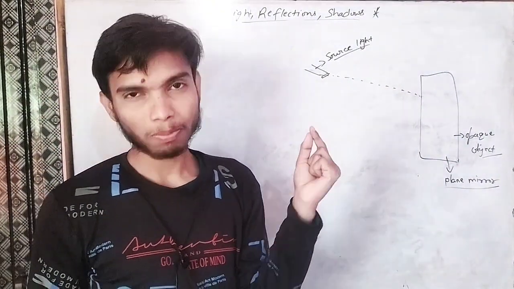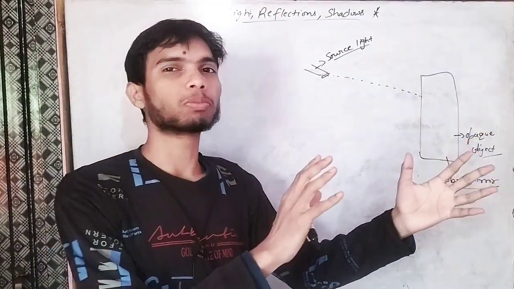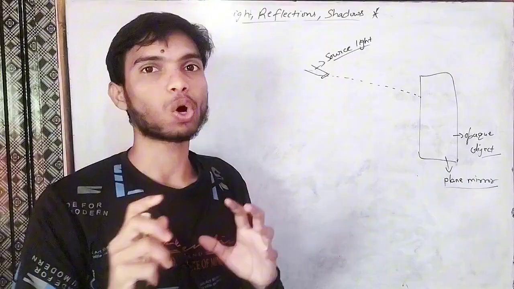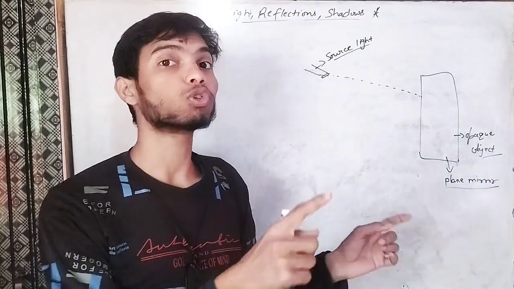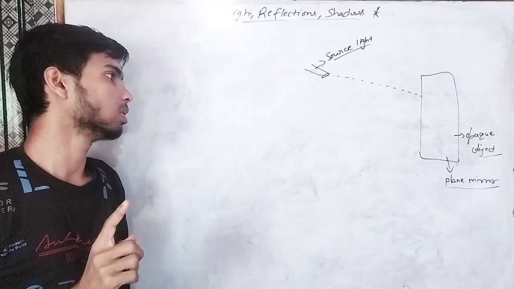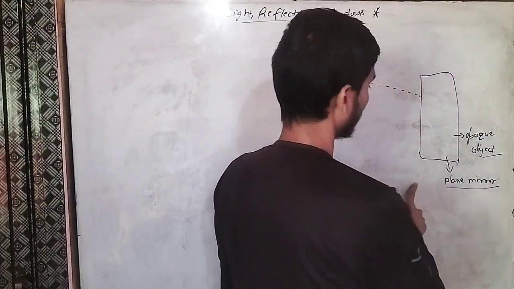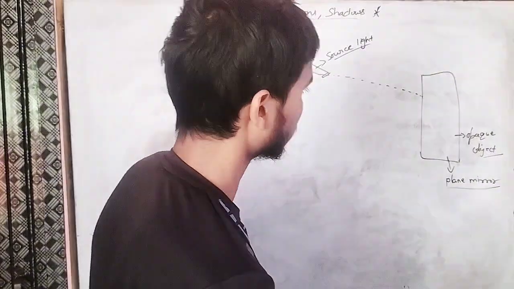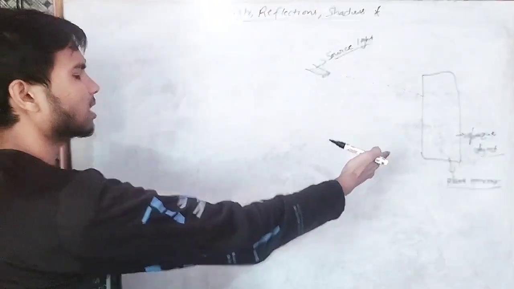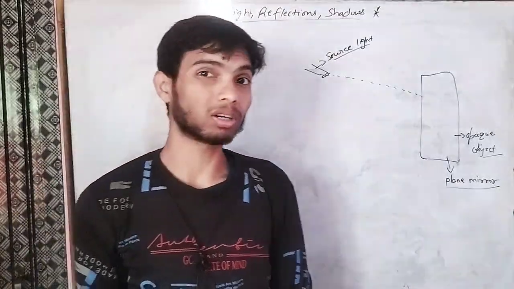So light is not passing through an opaque object. That's why a shadow is formed behind opaque objects. Clear? So how is it an opaque object?